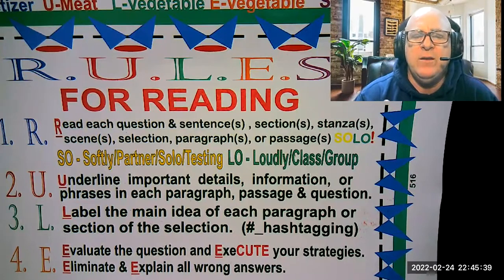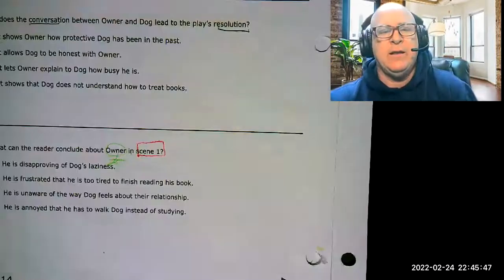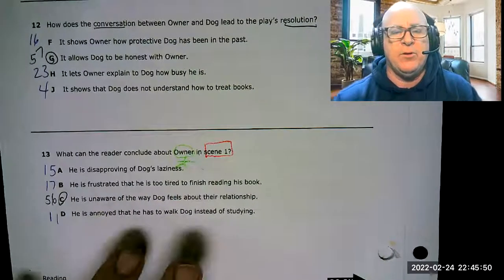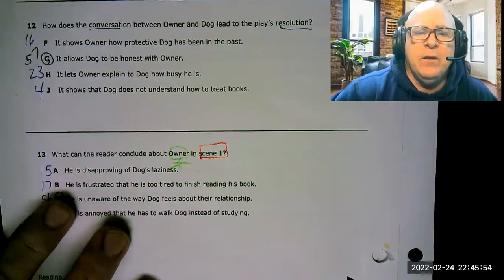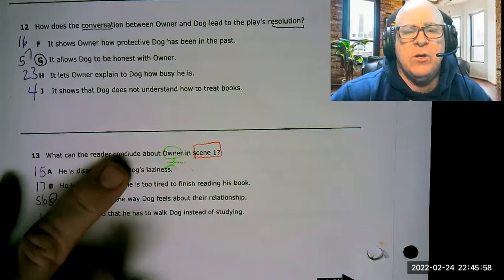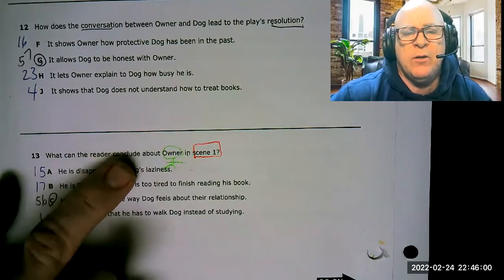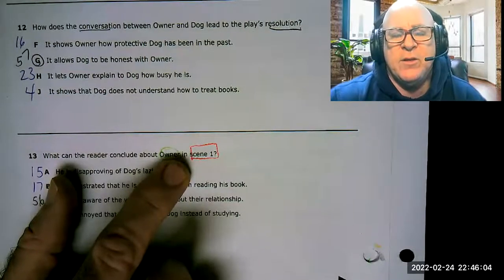So if we could make sure we understand and label, we're going to have a lot less trouble handling questions like number 13 from 6th grade in Texas. It says, what can the reader, that's us, conclude, drawing a conclusion about Owner? He calls himself Owner.